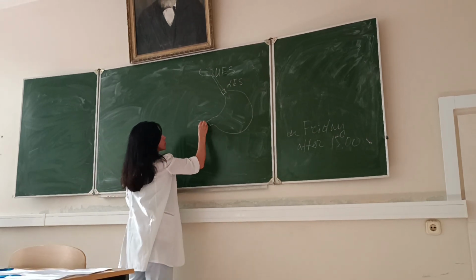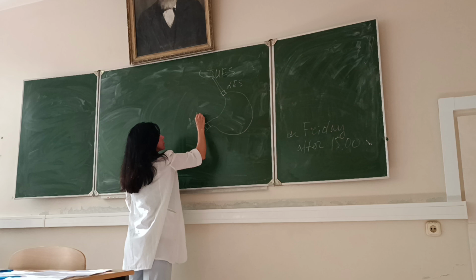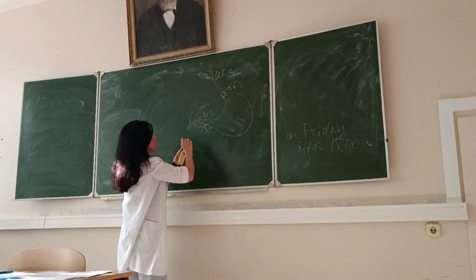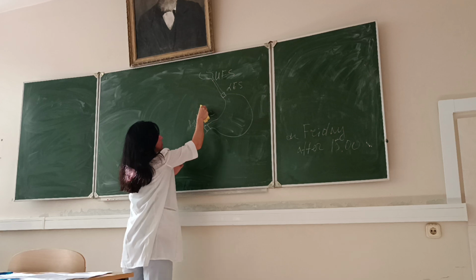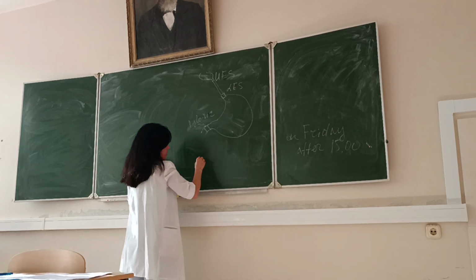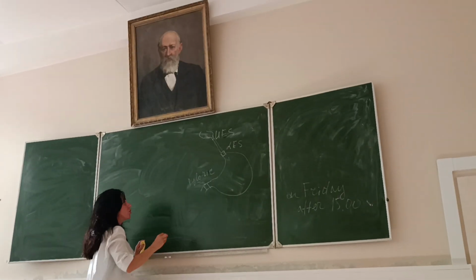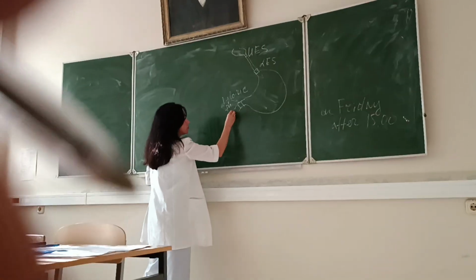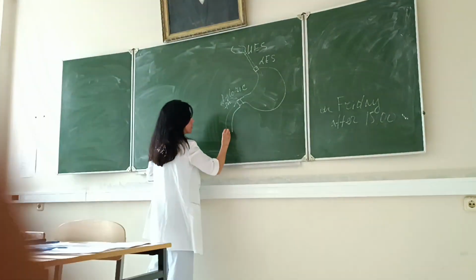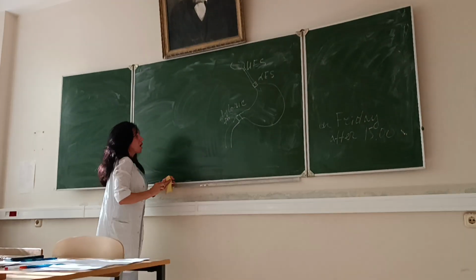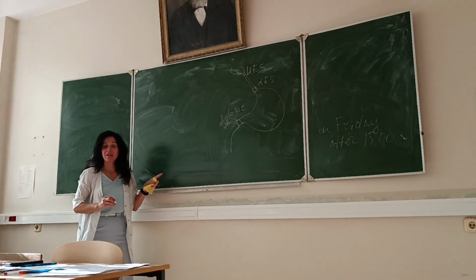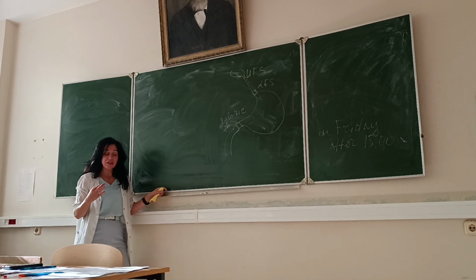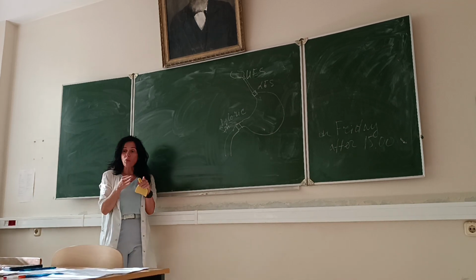Pyloric sphincter, then duodenum. Pancreas and bile, gallbladder have the common duct.